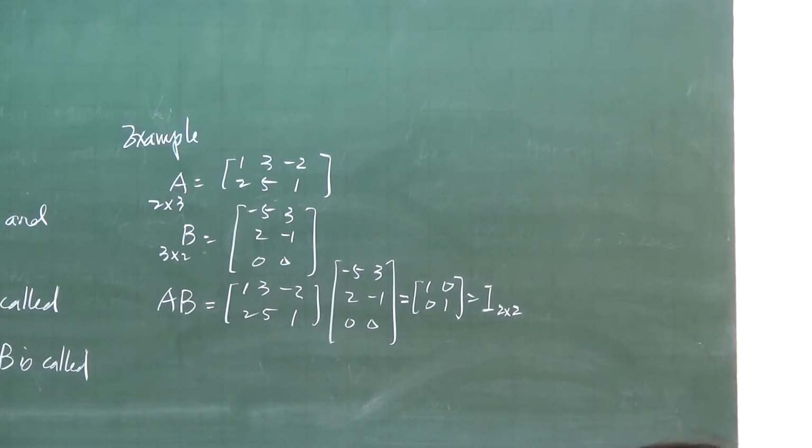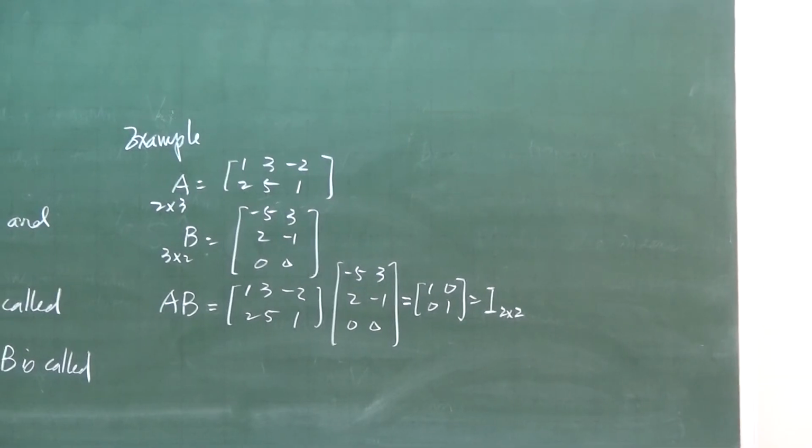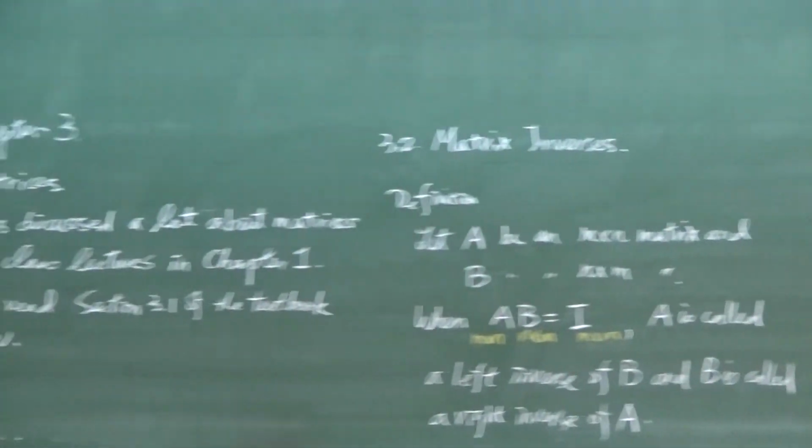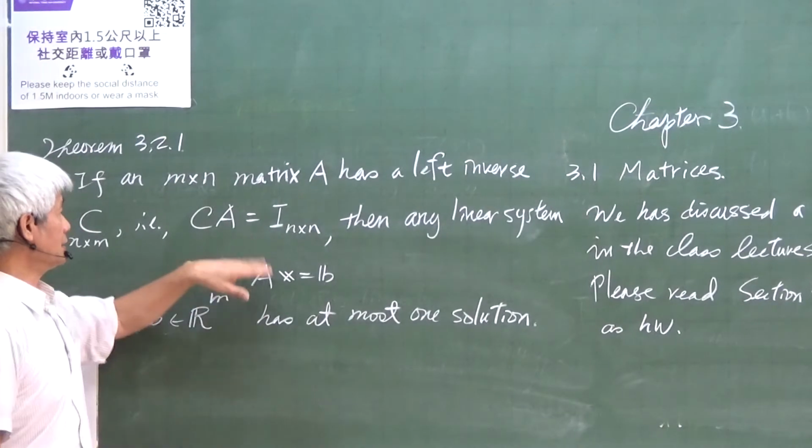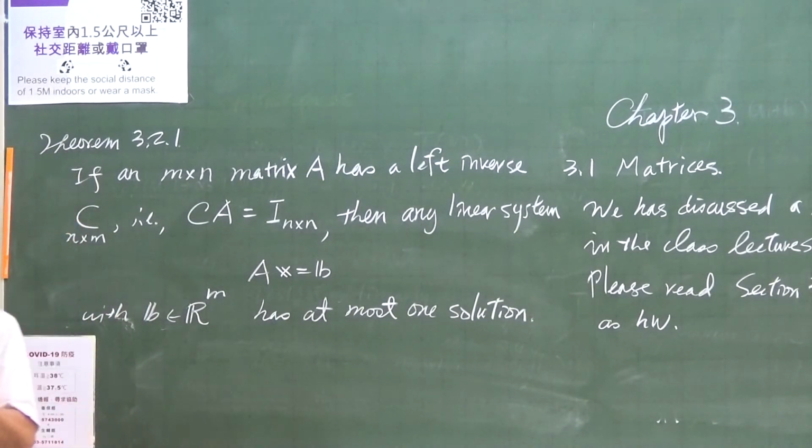For each B, you have a linear system, but no matter what kind of B you put here, such a linear system has at the most one solution. At the most one means either no solution, or one and only one solution. So it's a crucial influence, because the only information we know is that the coefficient matrix A has a left inverse.